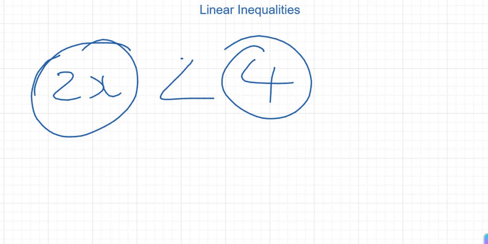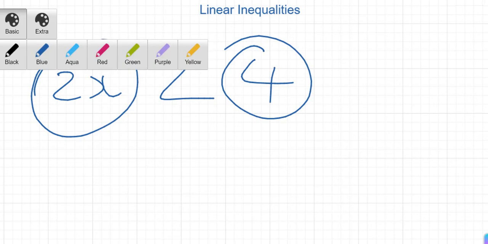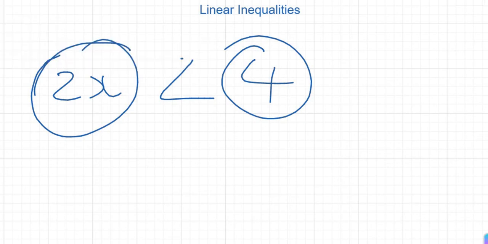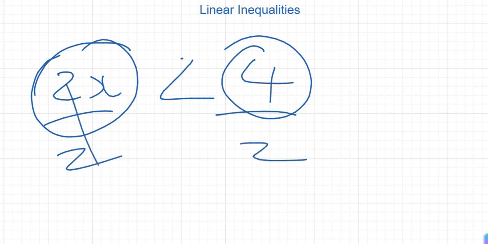So there is just a few specific digits, or a limit, or a range of finite values that you can actually plug into x. If we divide both sides by 2, x will be equal to 2.